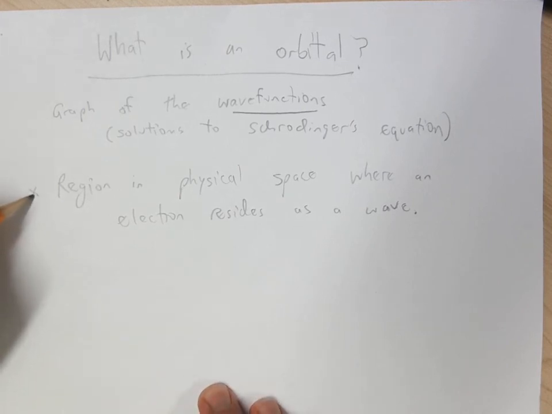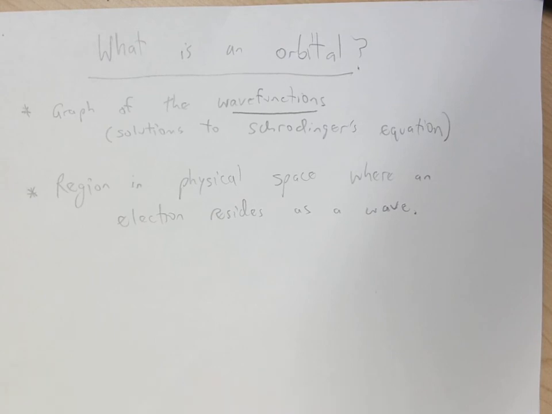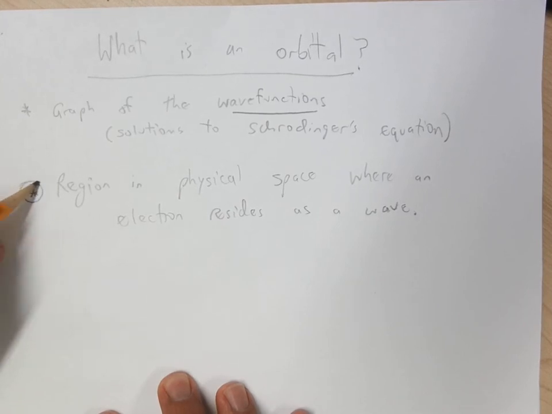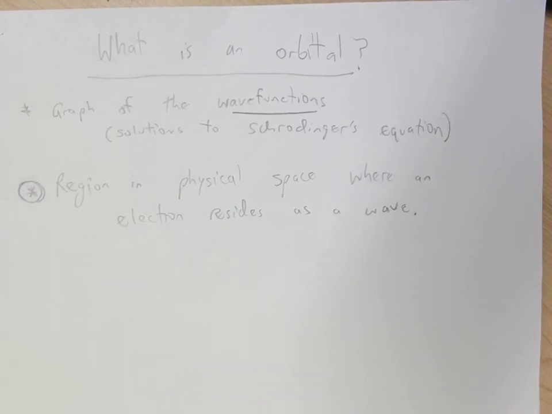If you just know these definitions of what orbitals are, that's a good basic understanding for an introductory or fundamental course. So an orbital is something that comes from solutions to the Schrödinger equation and graphs of those wave functions. And it's believed to be, in terms of interpretation, the region in space where an electron resides as a wave. So that's pretty cool.